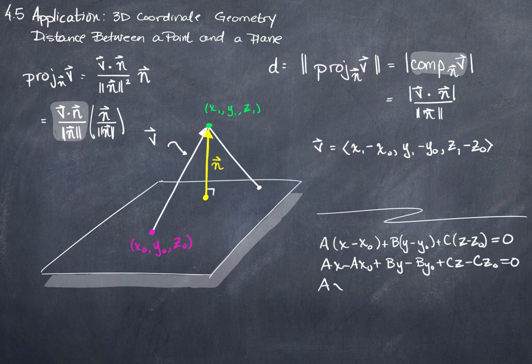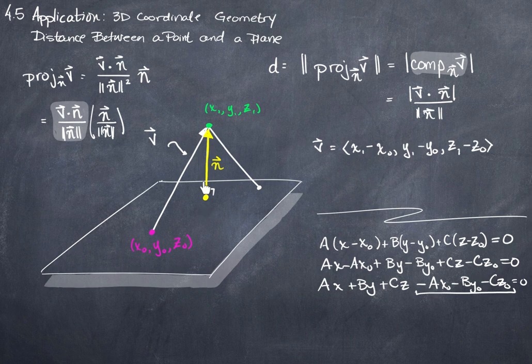And if I reorder those terms, I get ax plus by plus cz minus ax naught minus by naught minus cz naught equals 0.